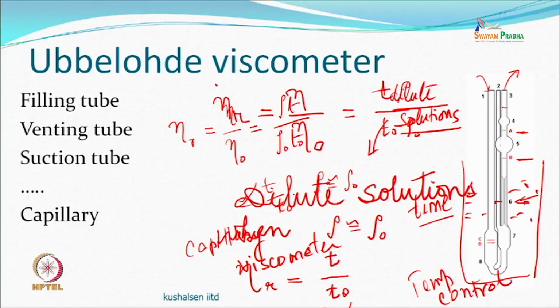This method can also be used to keep diluting the solution, then plot whichever way you want to plot, and get to a value as if the concentration were 0, and you can get to intrinsic viscosity also.